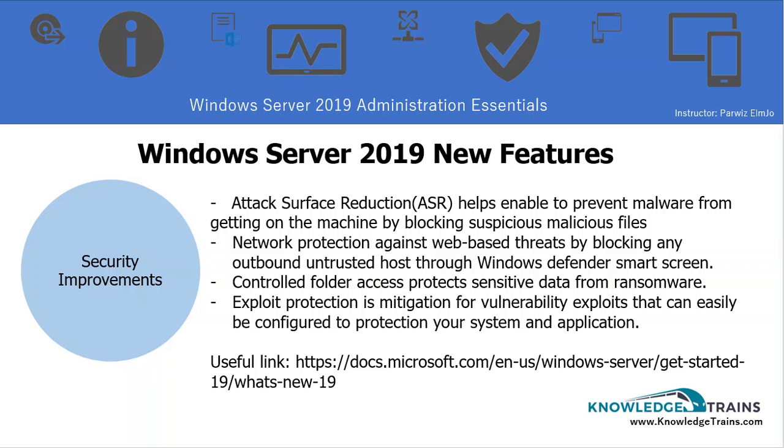So one of the greatest things is that we need to understand that most of the time when you're working on a server and you're building a file server, what is the greatest threat there?